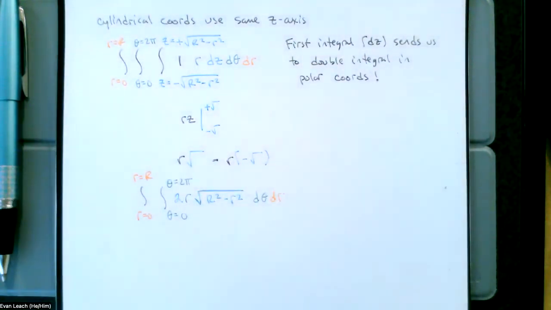That's the double integral that we had before.